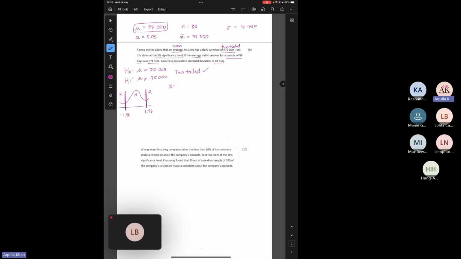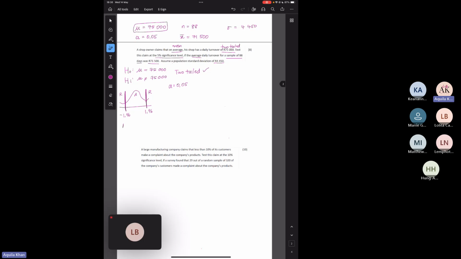However, we do need to write this out in words, because the mark allocation is for the words or the statements in terms of your region of acceptance and your region of rejection. So how do we write that out in words?